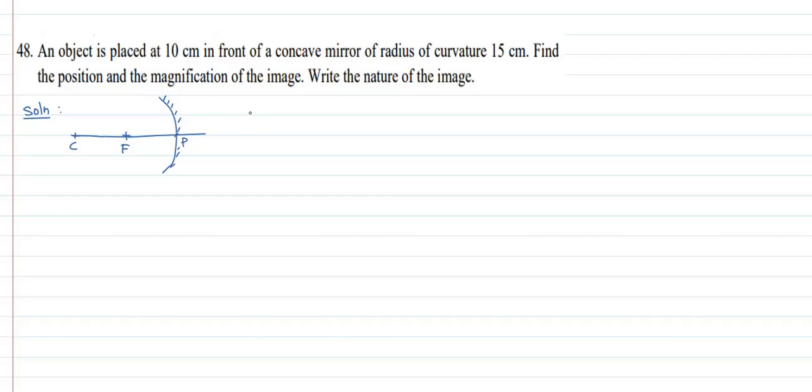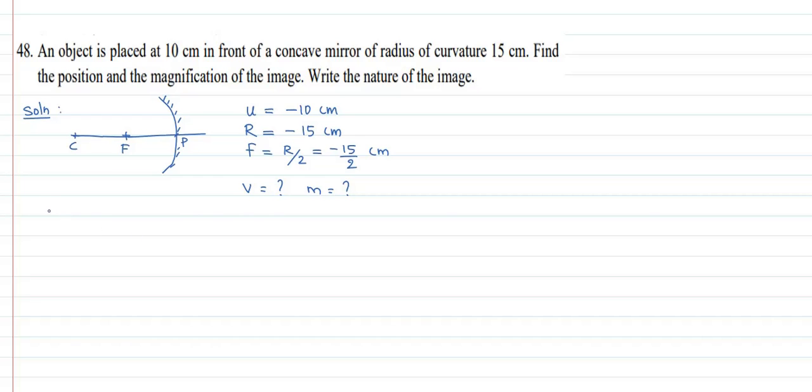The object is placed, so u is equal to minus 10 centimeters. The radius is given as 15 centimeters; from P I move to the left, so it is negative, minus 15 centimeters. The focal length is R by 2, so minus 15 by 2 centimeters. You are required to find the position, magnification and nature.